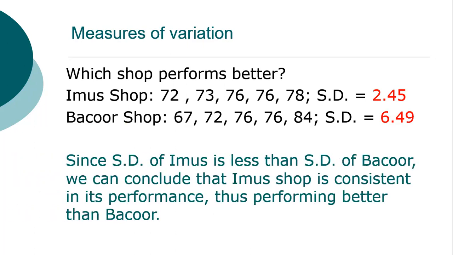So the interpretation, kapag ang standard deviation ay less, that means mas consistent ang performance ng shop na yon. And kapag consistent yung performance, that means better performing yung shop na yon. So between the two shops, Imus shop is better performing. Understood?